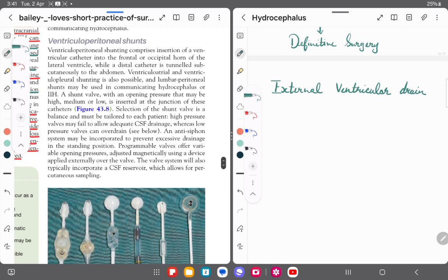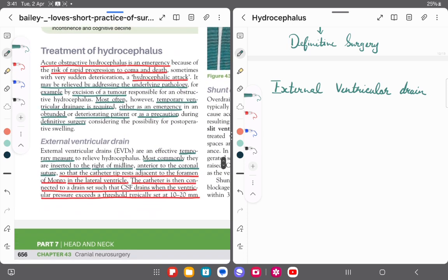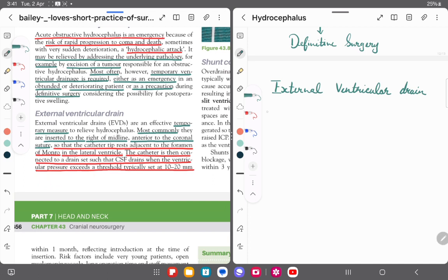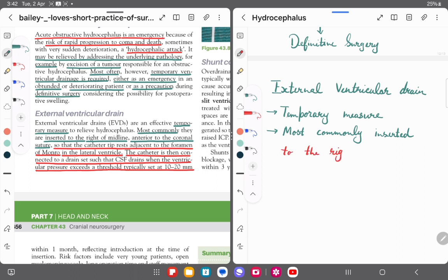Then we come to ventriculoperitoneal shunts. First, let us write down about external ventricular drains. So this is a temporary measure. And where are they inserted most commonly? Inserted to the right of midline, anterior to coronal suture.